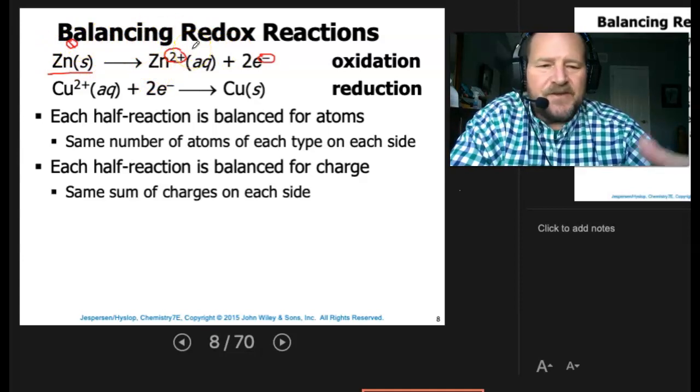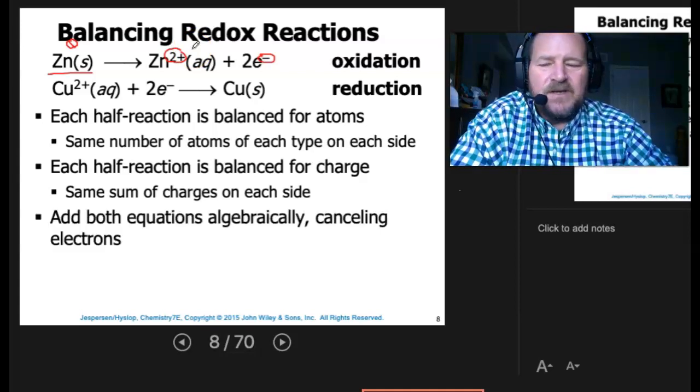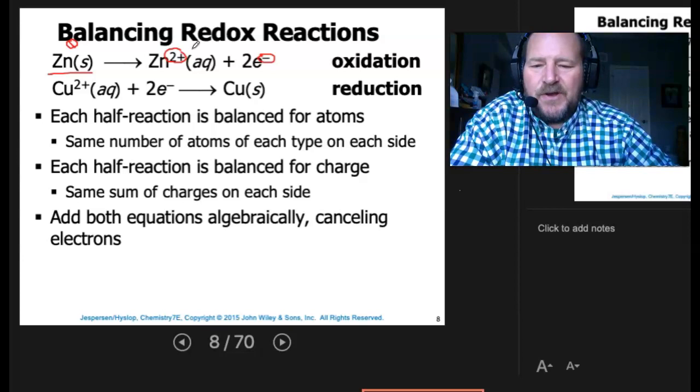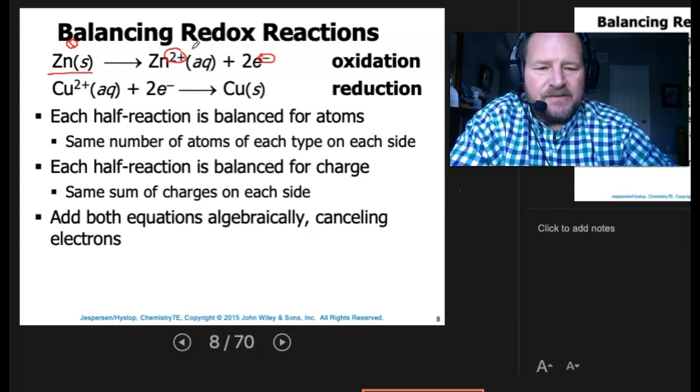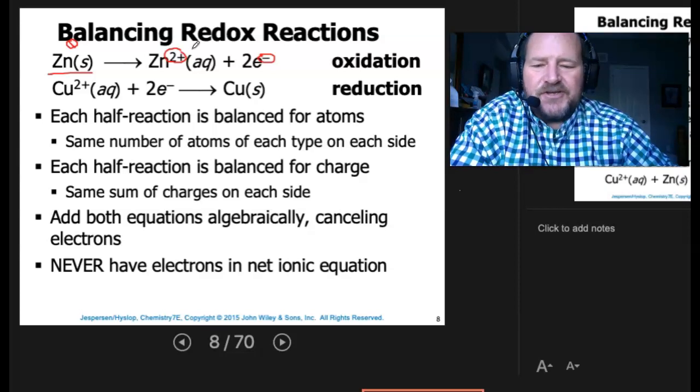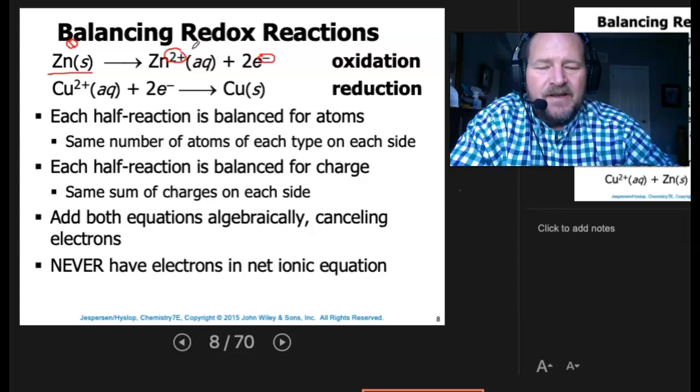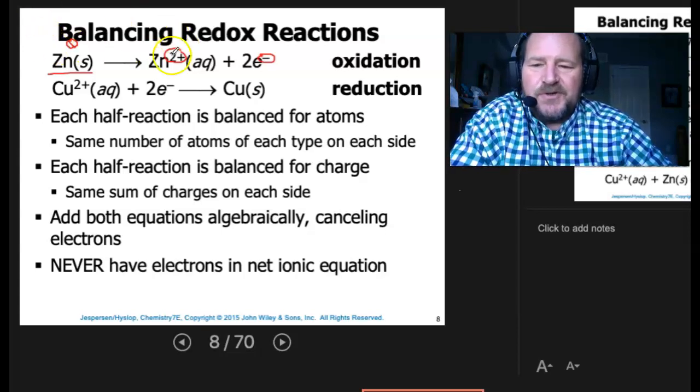We could do the same thing for the copper reaction. So we have the same sum of charges on each side. Now what we're going to do is add both equations algebraically, canceling out the electrons. When you finish your net ionic equation, you can never have electrons left over. This one's pretty straightforward because it's 2 to 2.